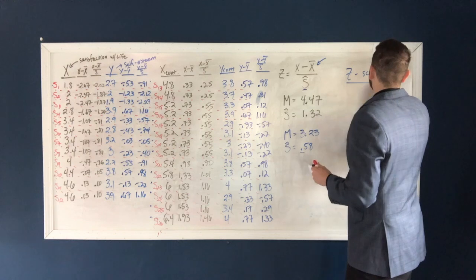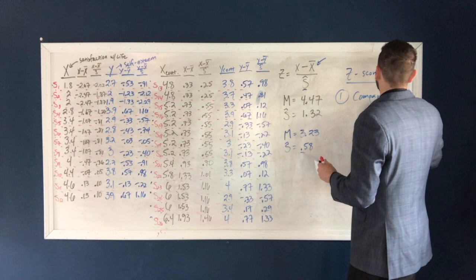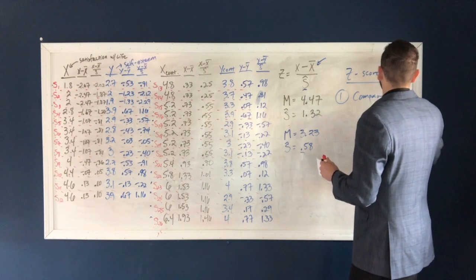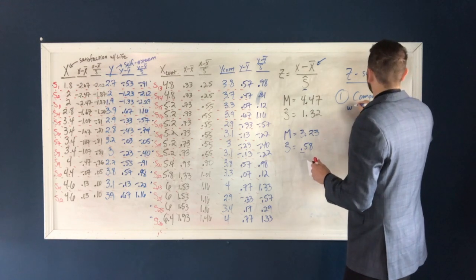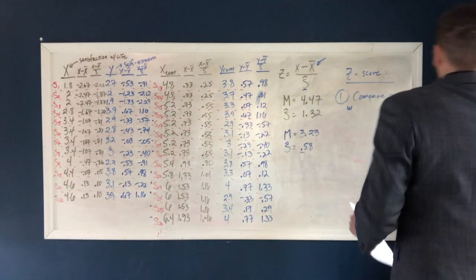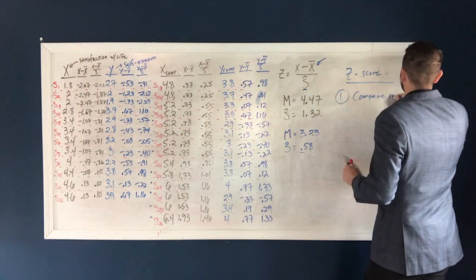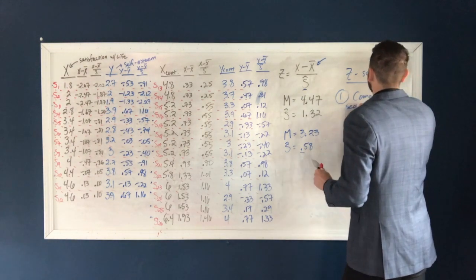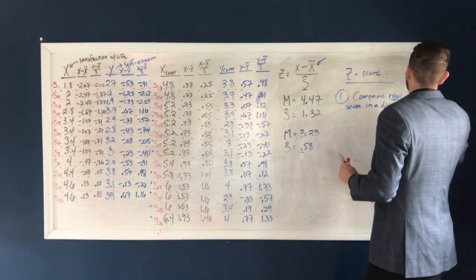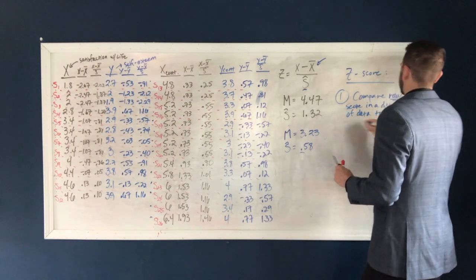The first thing you can do is compare raw scores in a distribution of data to each other.